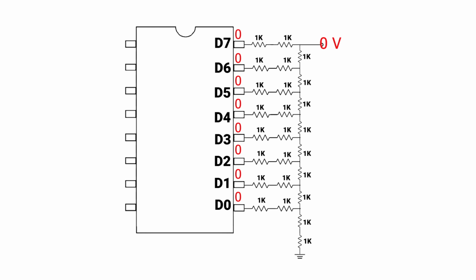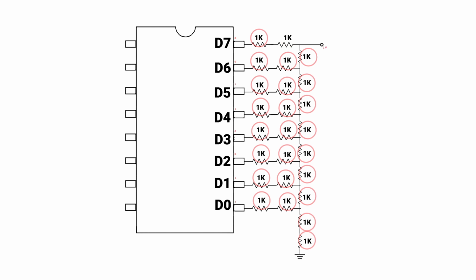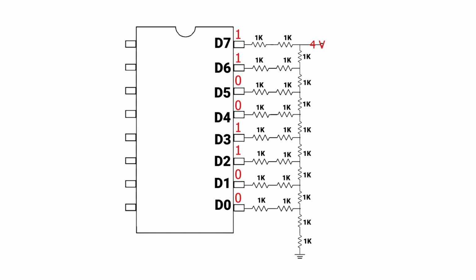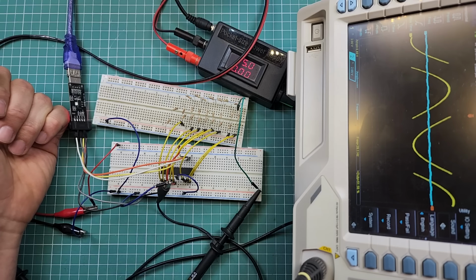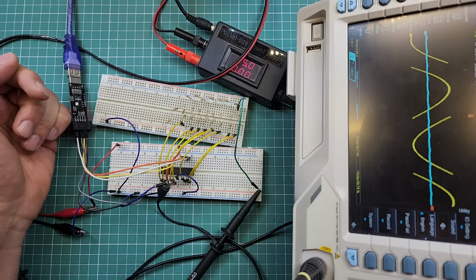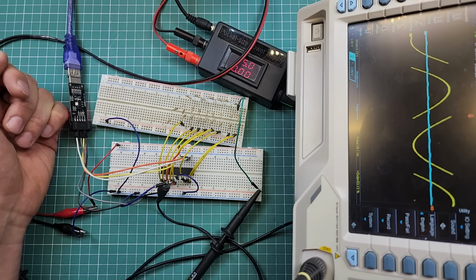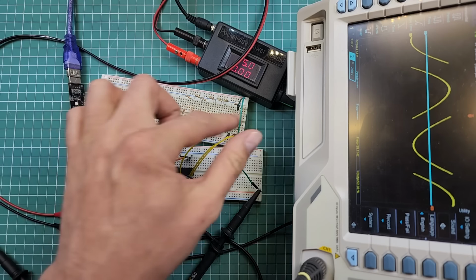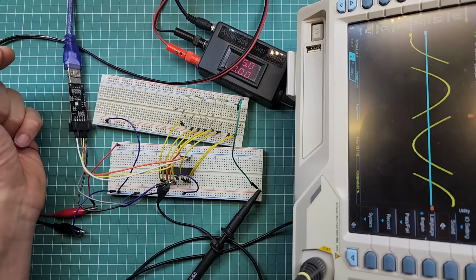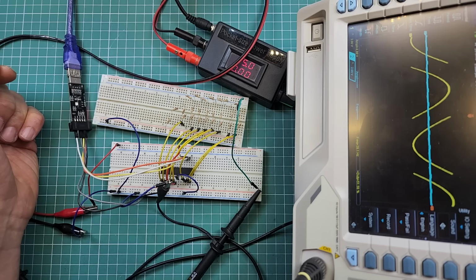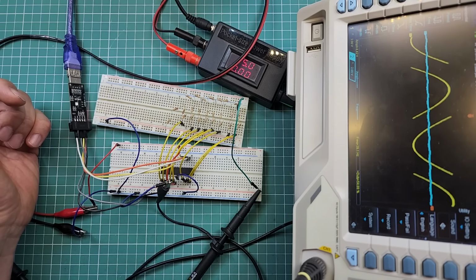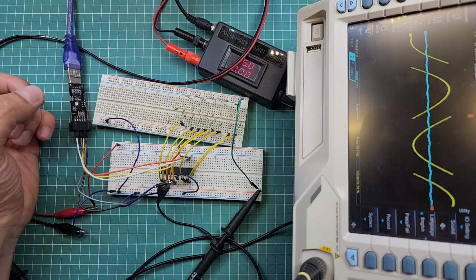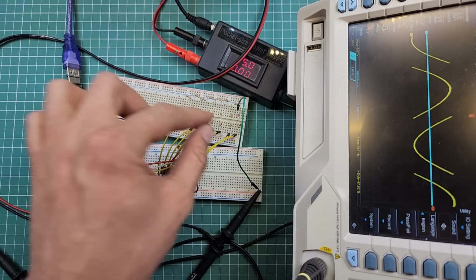You may wonder why I have used 1 kilo ohm resistors here. Actually, there is not a big difference between different values. Very low values will cause more power dissipation here, but it will offer a stronger voltage signal at the output and be able to deliver much more current. On the other hand, higher resistance values will dissipate lower power, but the signal at the output will be weak.